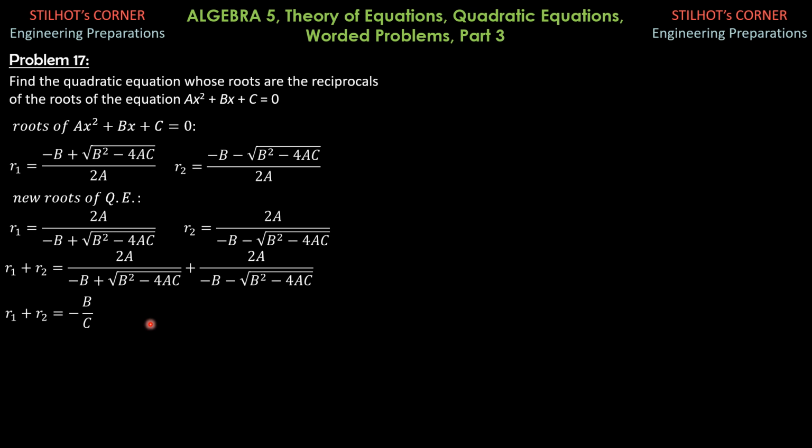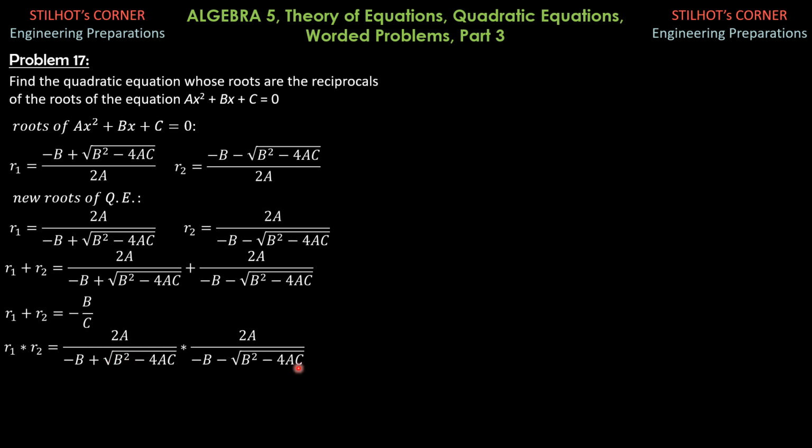Likewise, the product of the new roots would be the product of these two. So 2A over negative B plus square root of B squared minus 4AC times 2A over negative B minus square root of B squared minus 4AC. And again, the denominator, if we obtain the product, would be equal to negative B quantity squared, or B squared, minus quantity B squared minus 4AC.